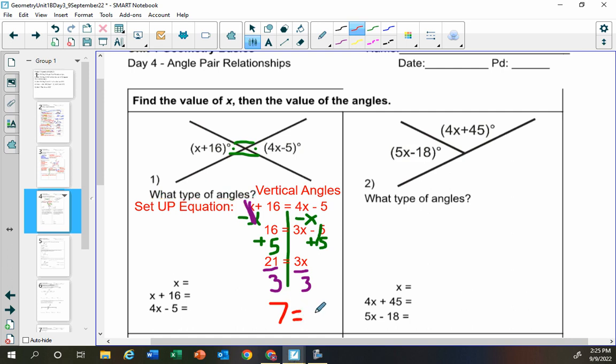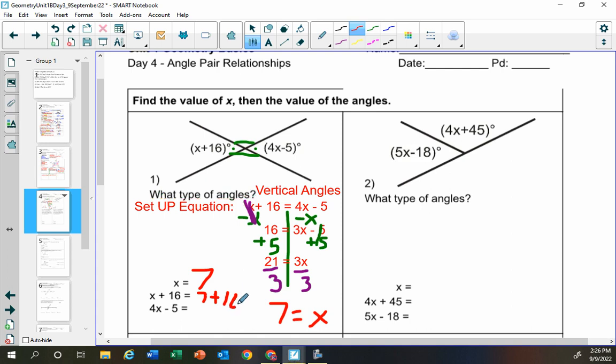All right. Now, what do we do to get the angle measure? So now we substitute the 7 for x. Yup. So then we substitute 7. Oops, let me not write it like that. So it'll be just 7 plus 16, which is, yeah, 7 plus 16.